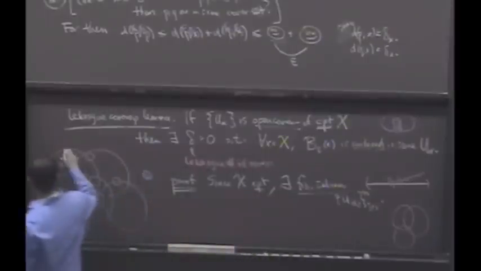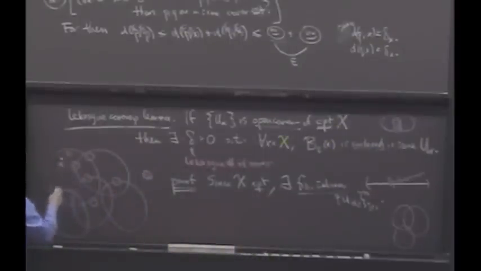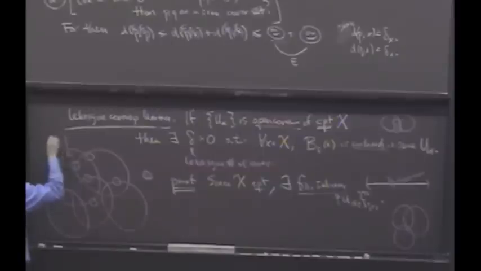If this set is a particular set U sub alpha, then everything outside is U sub alpha complement. That's closed. Would you agree it makes sense to define a distance between x and the closed complement?